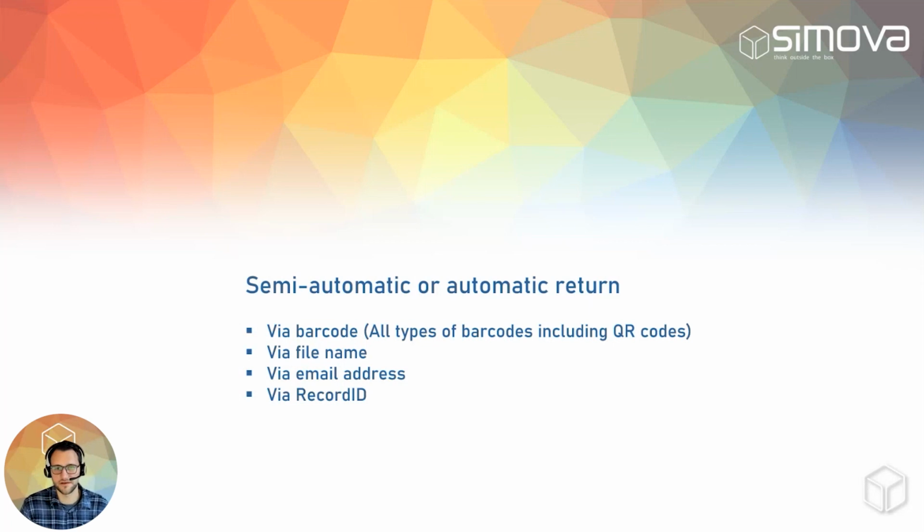The first and main feature is the return via barcode. So this includes all types of barcodes, also including the newest type and the modern standard, which are QR codes.